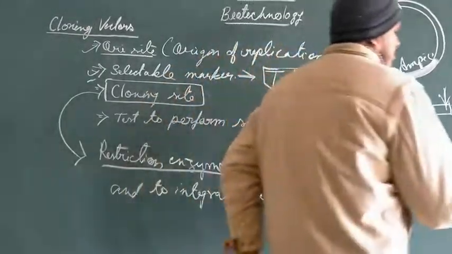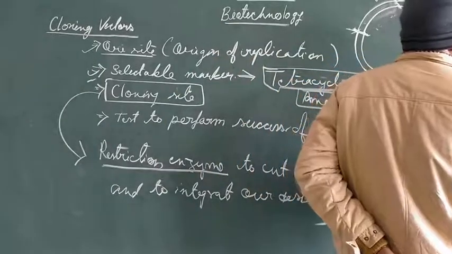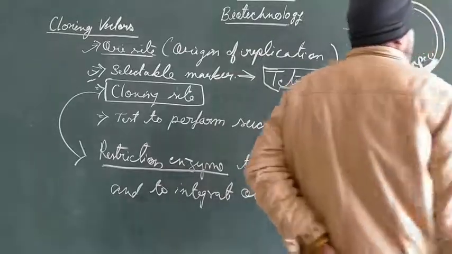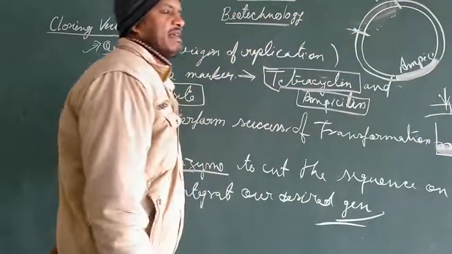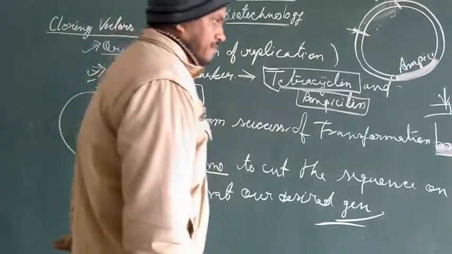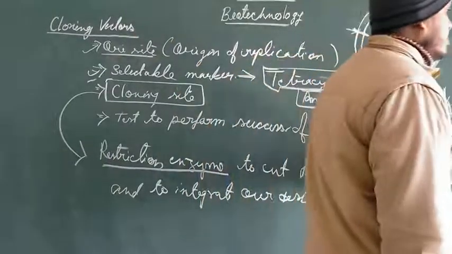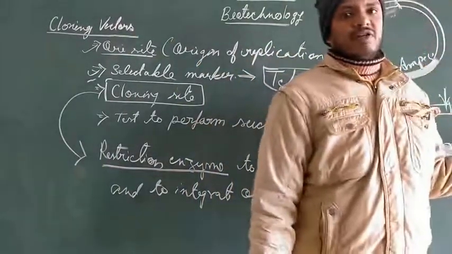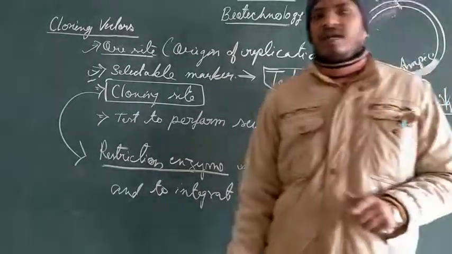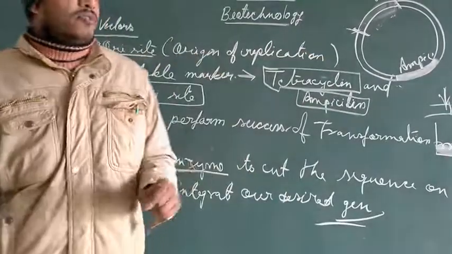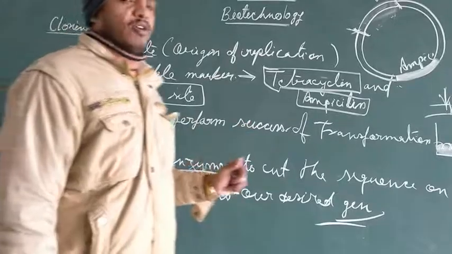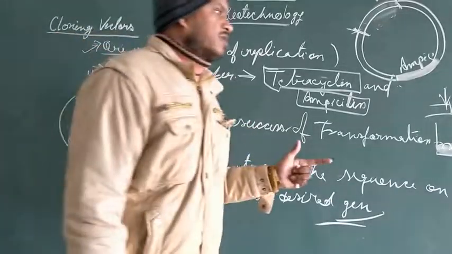So in this, when we culture, there will be no growth of the host or microorganisms, because they don't have tetracycline resistance. But if it grows in tetracycline medium, it is confirmed that our transformation is not successful. Still, the wild type is present. In this way we can check whether our transformation is successful or not.